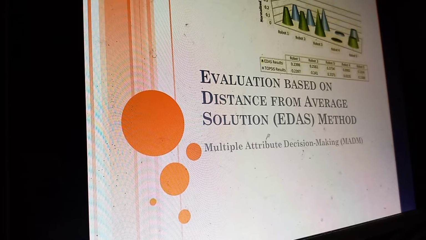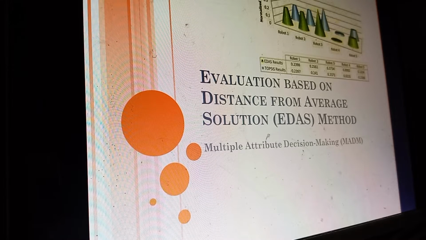EDAS, or the evaluation based on distance from average solution method, has a significant role in decision-making problems, especially when more conflicting criteria exist in multi-criteria group decision-making, or multiple attribute decision-making (MADM) problems.